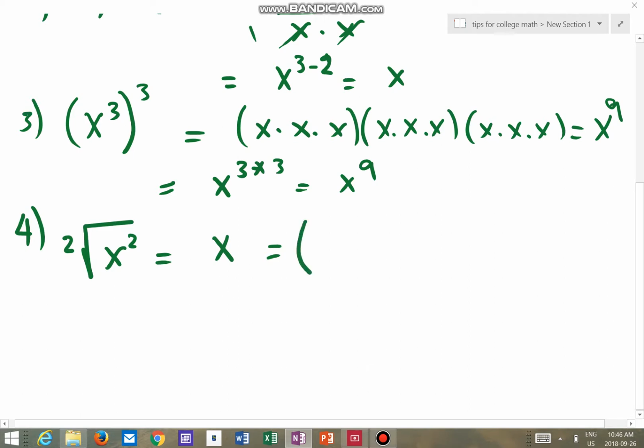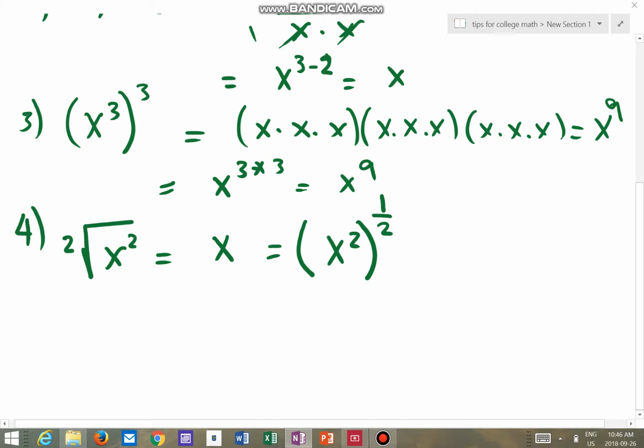I will take that root as a power, that's a fractional power. I will list what's under the root, my argument, which is x squared. And then here it's a power of the square root. Square root is a power of 1 over 2.